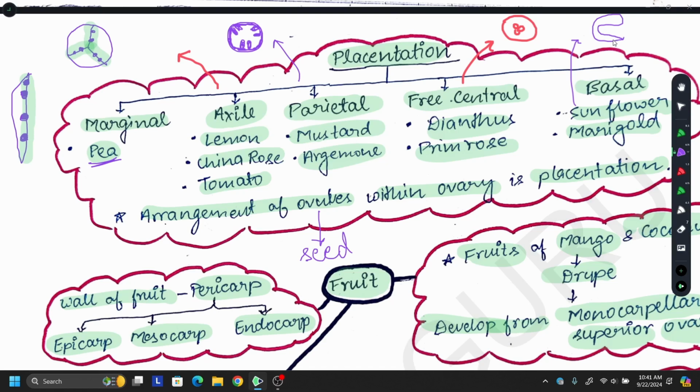It's not the exact figure, it is very much different from the original one, but it is something like this. Okay, so these are all the placentations, and they show the arrangement of ovules, which develop into seeds, so you can see the seed and tell about the placentation.